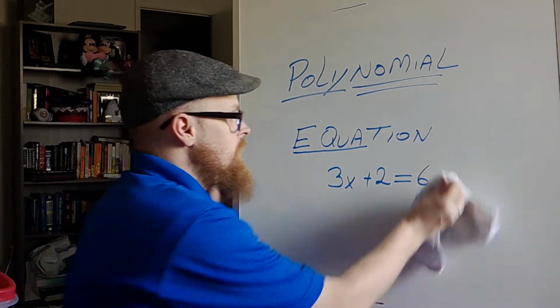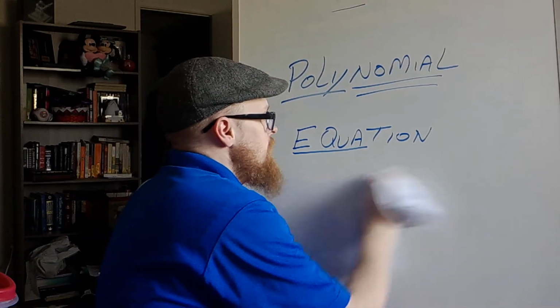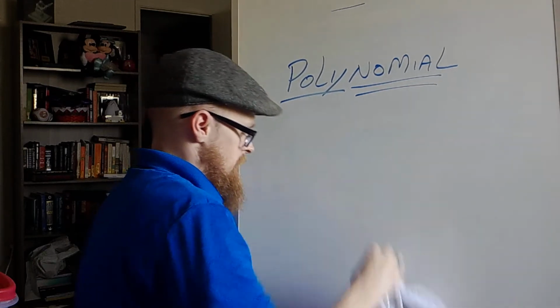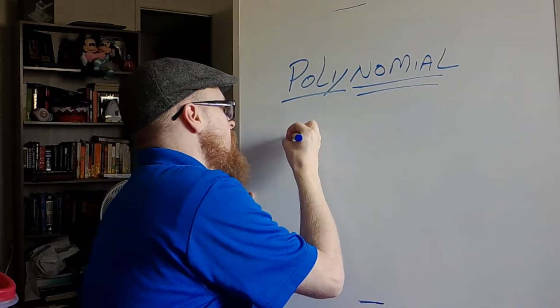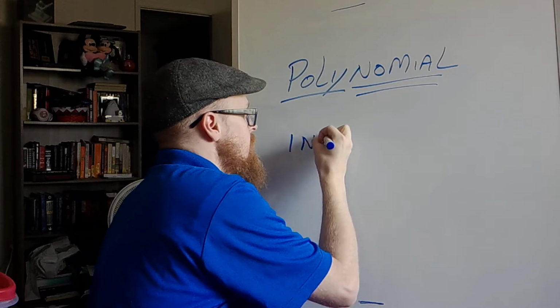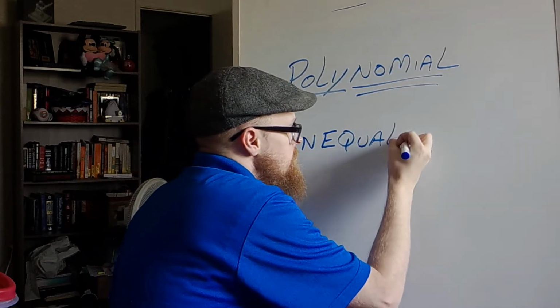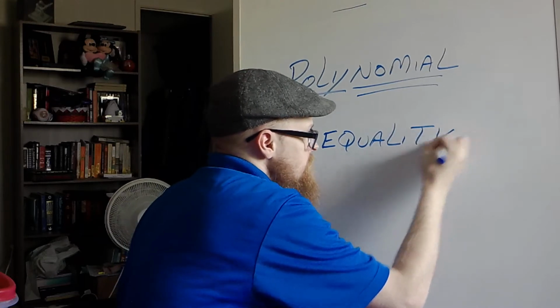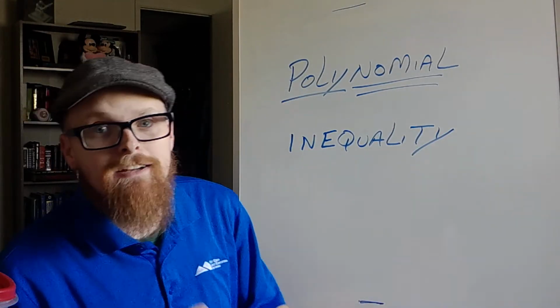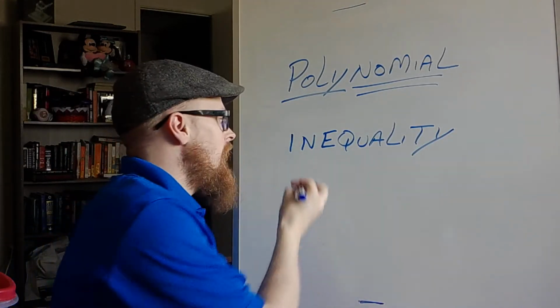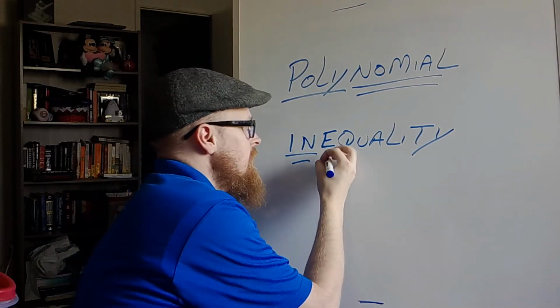Another one you will start to see is similar to equation. It is an inequality. I hope I spelled that right. And like anything else, when we break it down, right? IN means not.